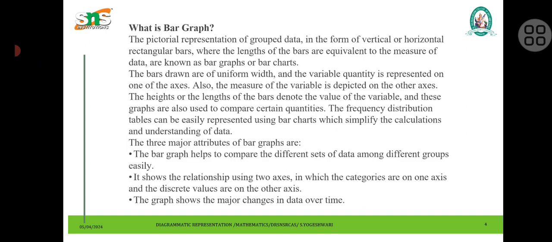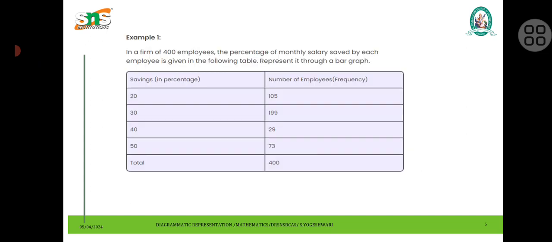So what is a bar graph? It is the pictorial representation of grouped data in the form of vertical or horizontal rectangular bars, where the lengths of the bars are equivalent to the measures of data, known as a bar graph or bar chart. The remaining points are given below.